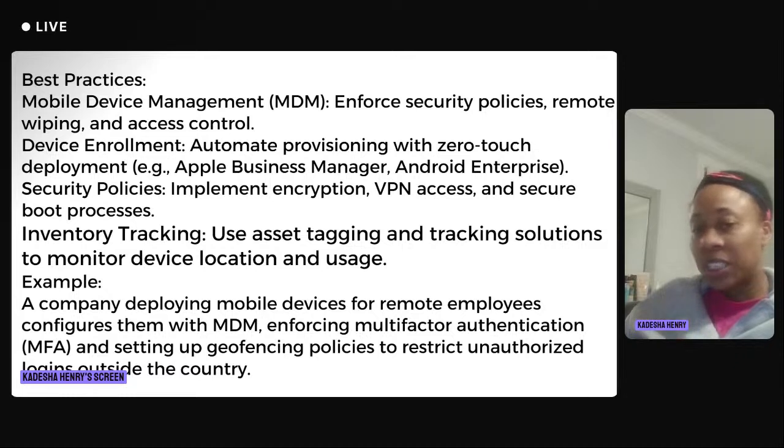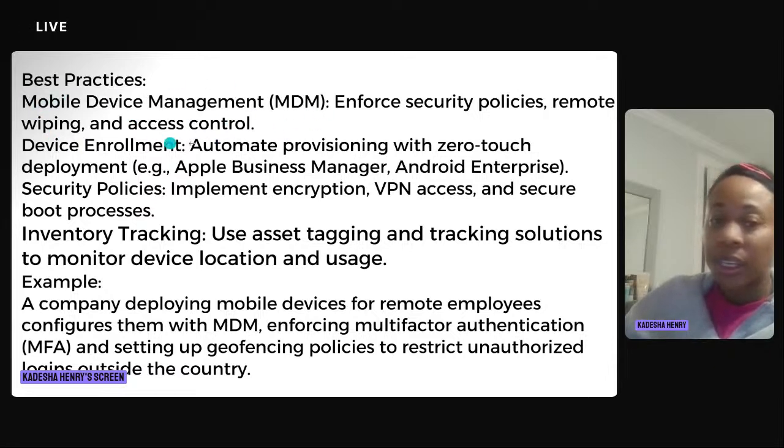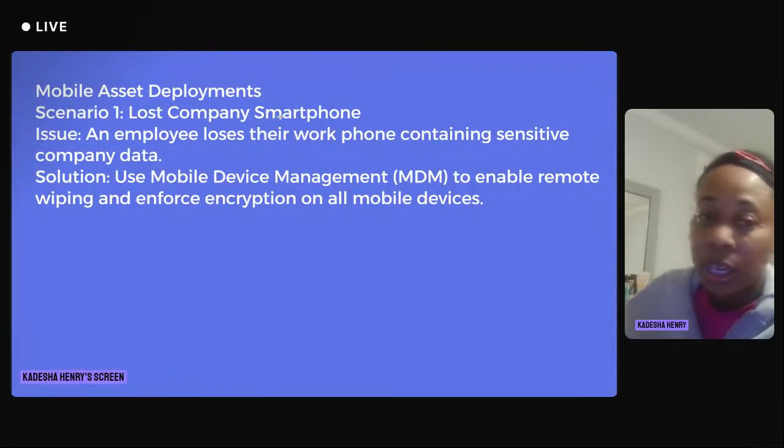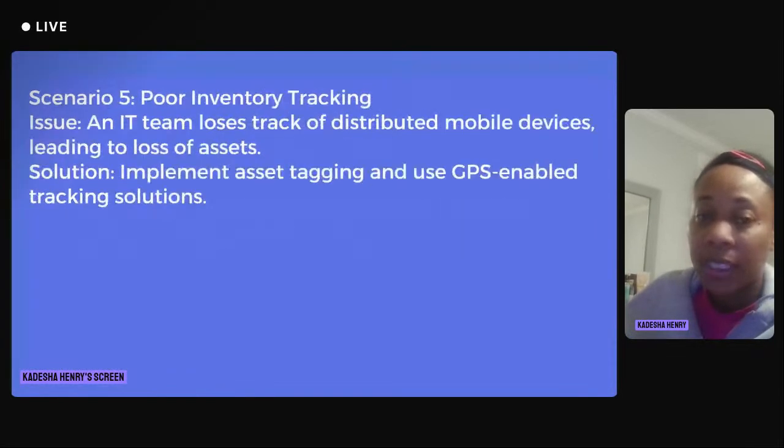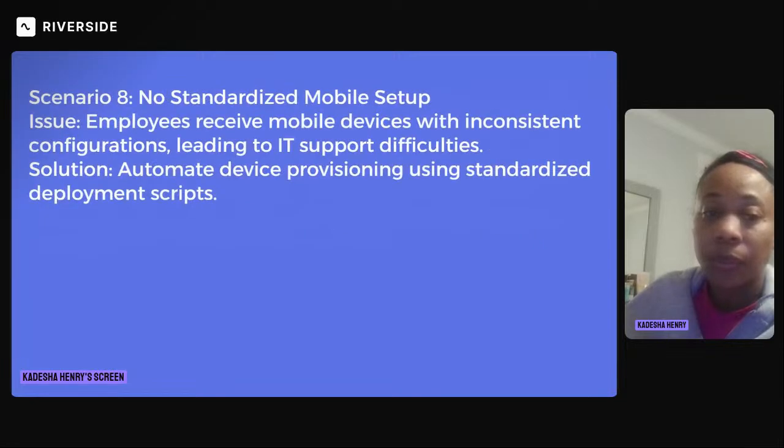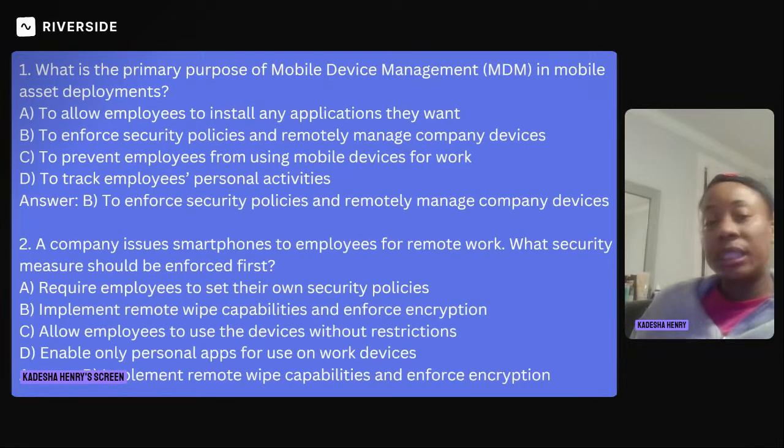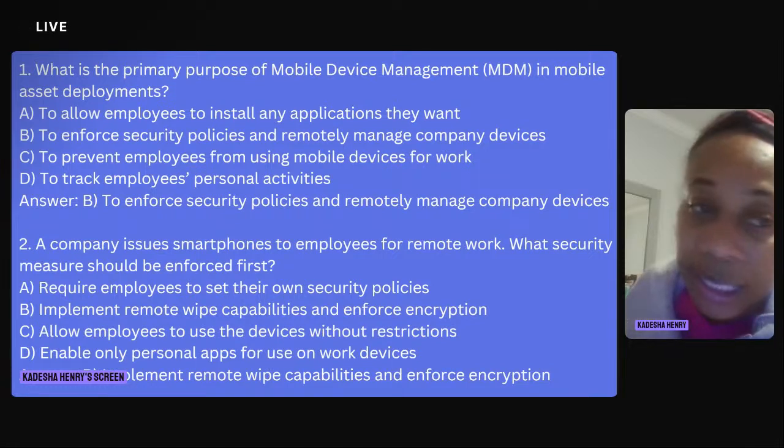Mobile device management enforces security policies, remote wipeout, and access control. So this is what it does, if your organization is going to give employees their mobile assets to use. So what is the primary purpose of mobile device management in a mobile asset deployment?